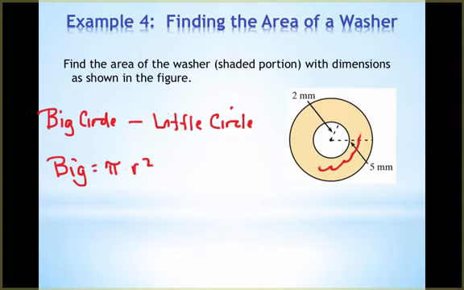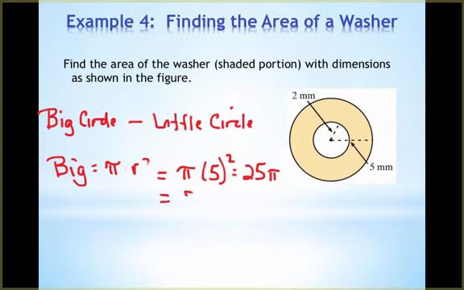But by looking at my picture, the big radius was given to me as 5 millimeters. So this is going to be pi times 5 squared, 25 pi, which would be 78.5 square millimeters.